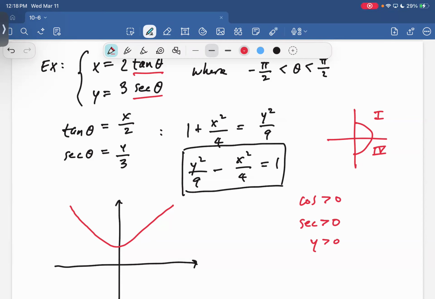Okay, so your answers in E and F should be half of the hyperbola, only one branch. And you have to think about which branch it is based on the theta that you're given. Any questions? You're given that in the question.